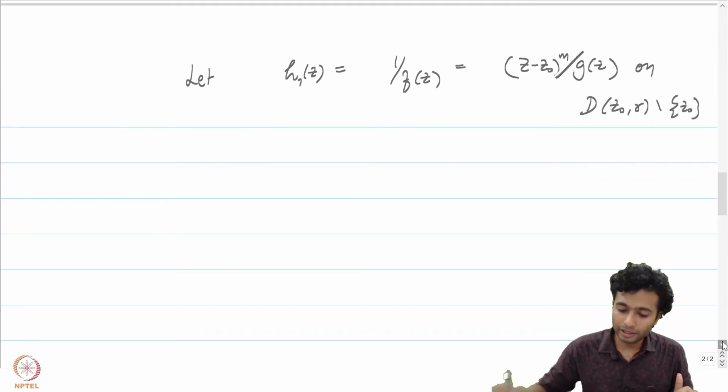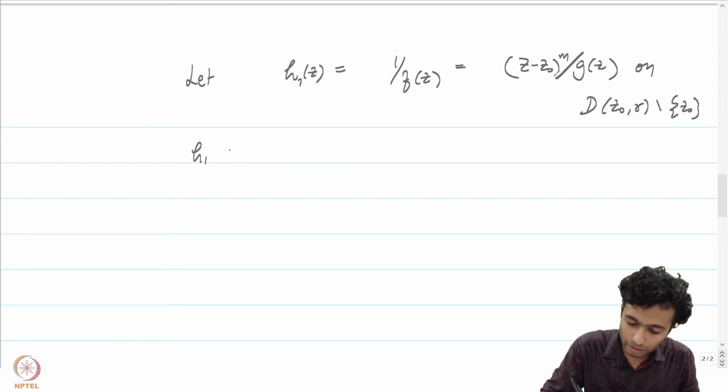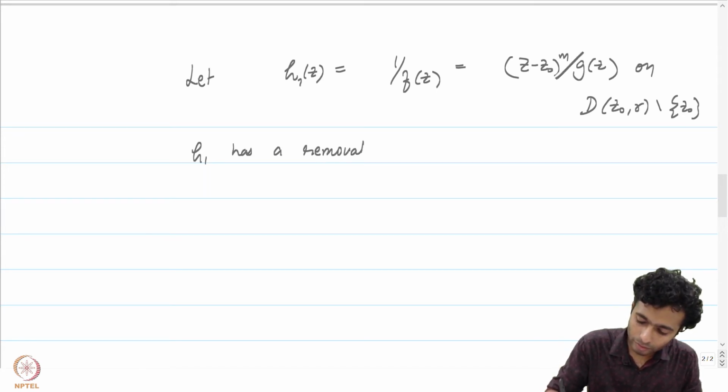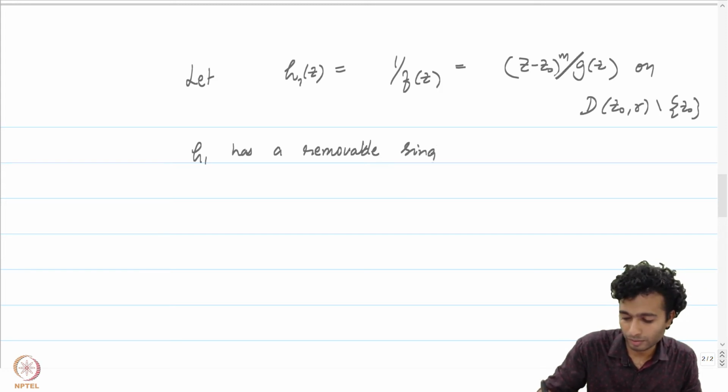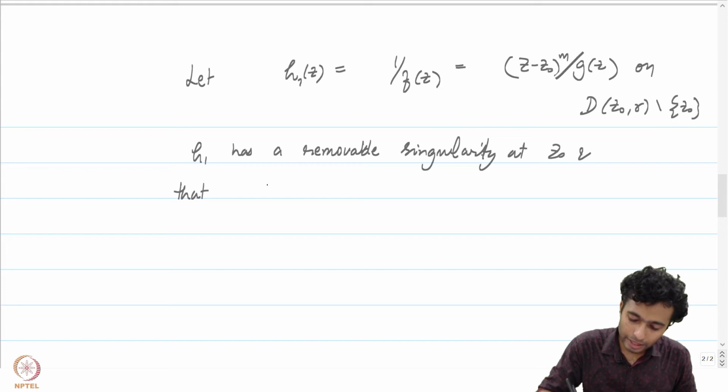And immediately we know from the theory that we have developed that h1 has a removable singularity at z0, and further, that h1 of z0 is equal to 0.